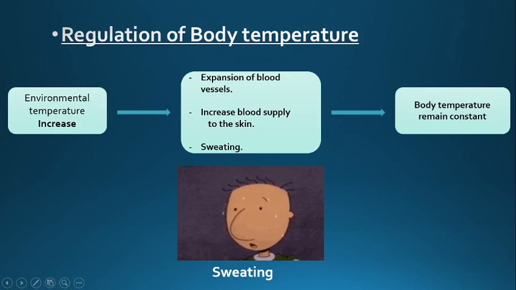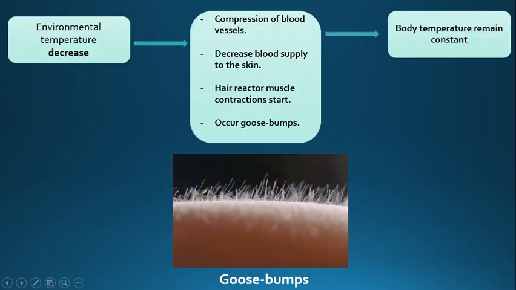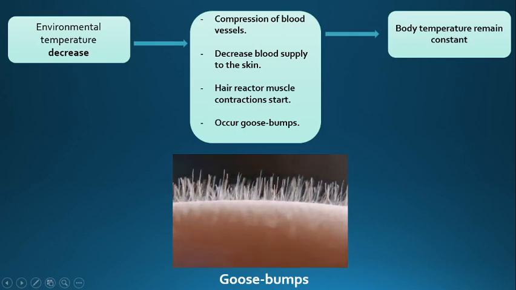Okay, then let's see what will happen if the environmental temperature goes down or decreases. It is the opposite function to the previous situation. When the environmental temperature decreases, the blood vessels compress, or become thinner than their original size, so that the blood supply goes down.